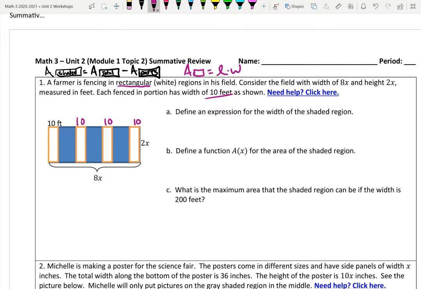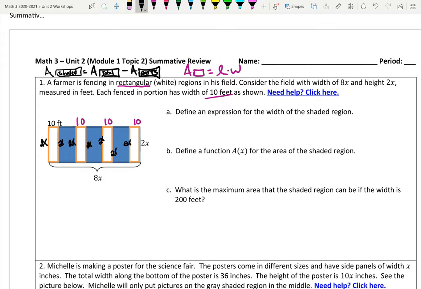Now, I do know a couple more things about this diagram, and it's because these are rectangular plots. Rectangles have opposite sides that are congruent. So this is going to be 2x, here is going to be 2x, so on and so forth. All of these rectangle side lengths are going to be 2x, and you can see how it causes a chain reaction, so I know all of the widths.